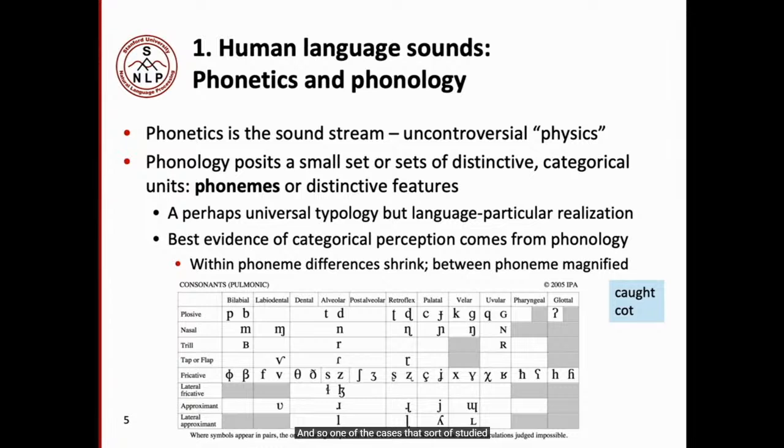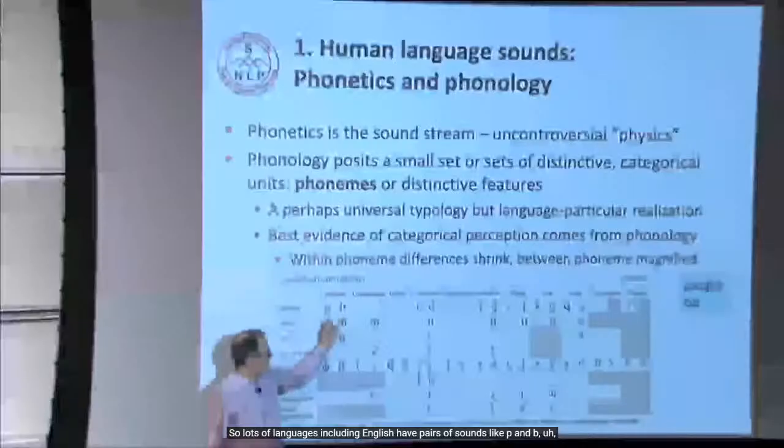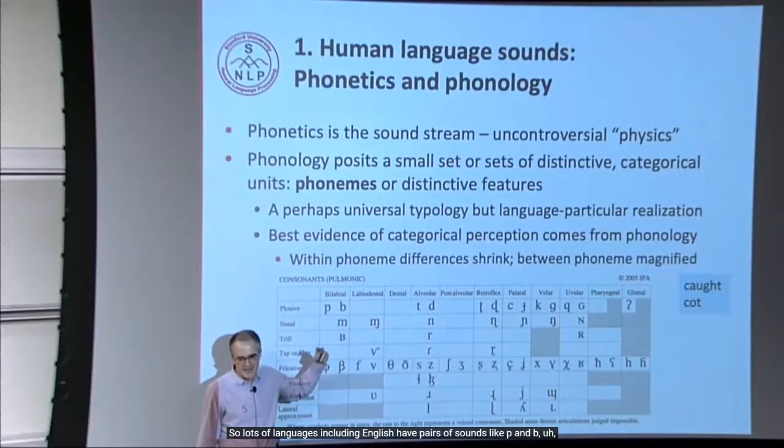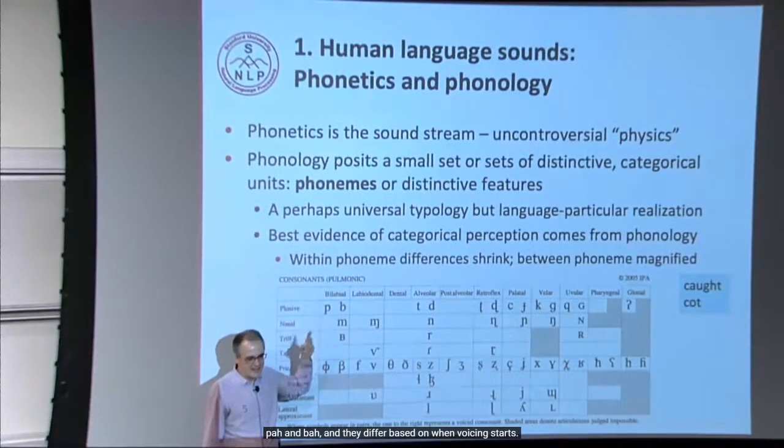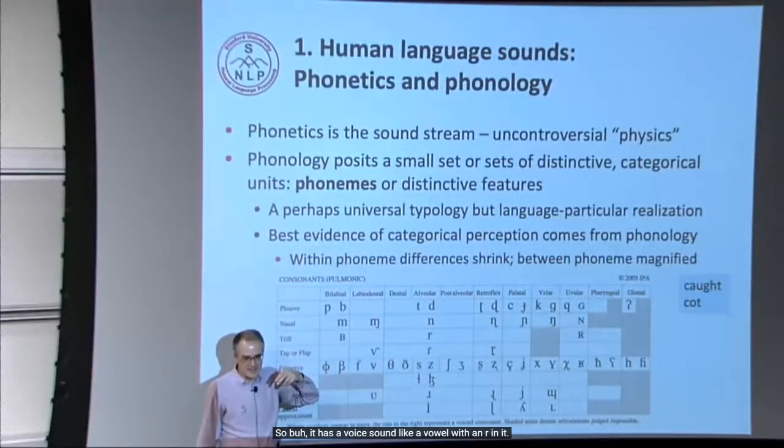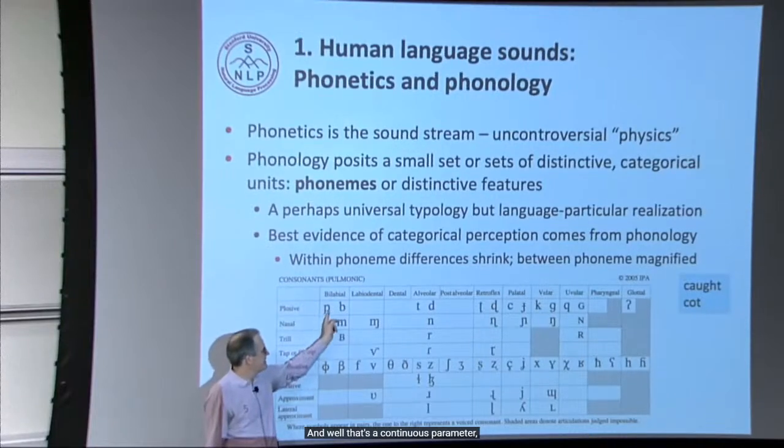One of the cases that's studied a lot is what's referred to as voice onset time. Lots of languages, including English, have pairs of sounds like P and B, pa and ba, and they differ based on when voicing starts. B has a voiced sound, like a vowel with an R in it. And that's a continuous parameter.